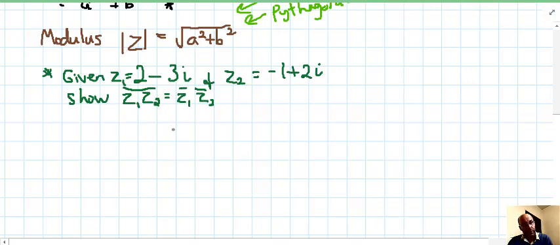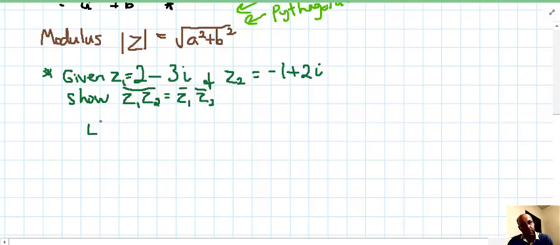First of all, if we're given z1 is 2 minus 3i and complex number z2 is -1 plus 2i, show that the conjugate of the product of z1 and z2 equals conjugate z1 times conjugate z2. Okay, so let's try that out.